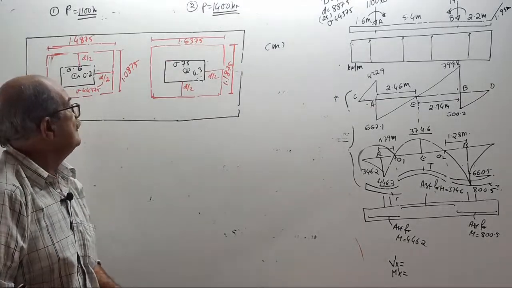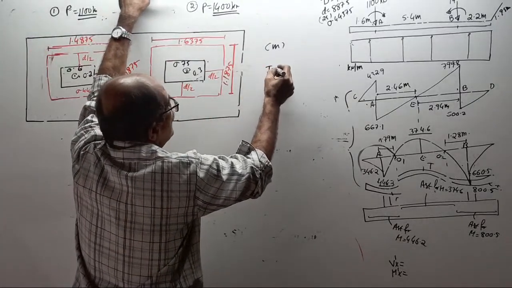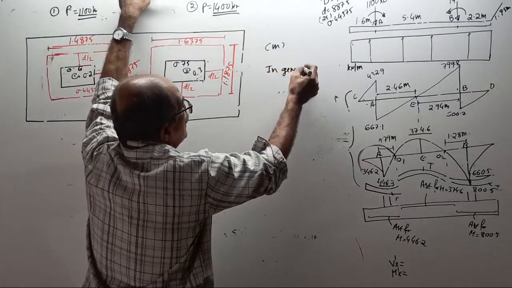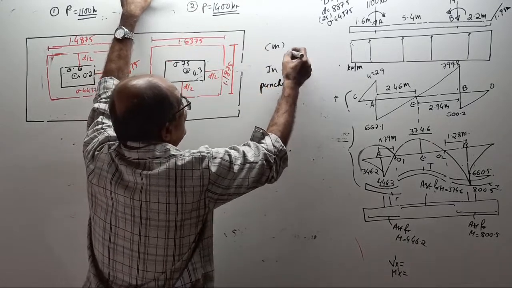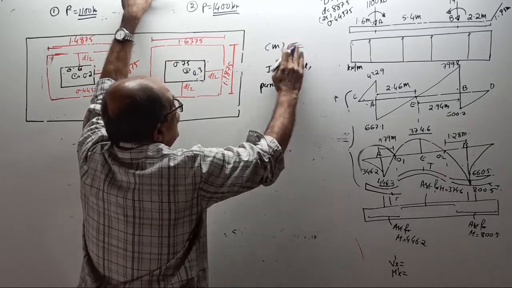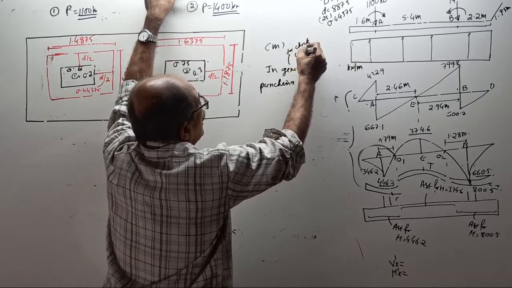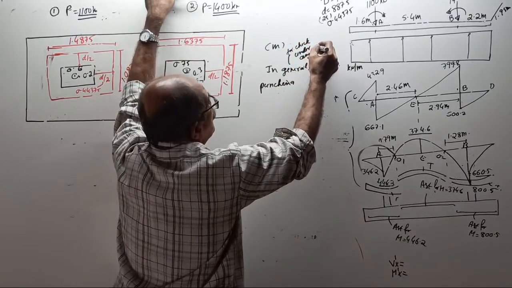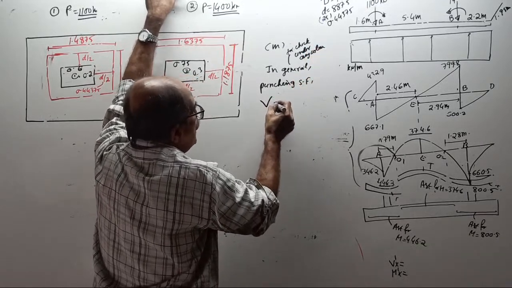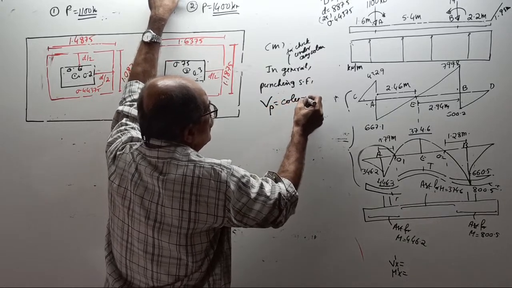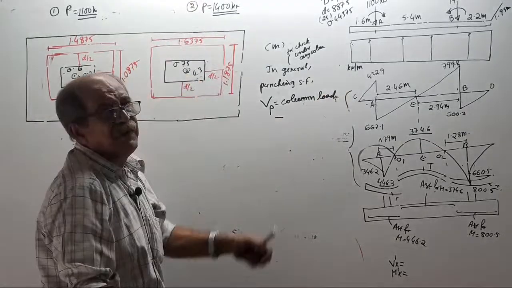Next, remember, in general, for any column, for the check under any column, punching shear force VP equals column load minus what? Tell me fast.